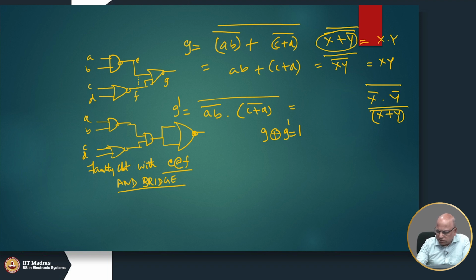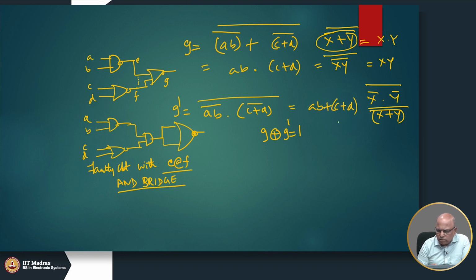So this is nothing but AB dot C plus D. I'm sorry, I think I made a mistake here. Let me correct it. I should have written x dot y there, and here it should be x plus y. So here it is AB plus C plus D.